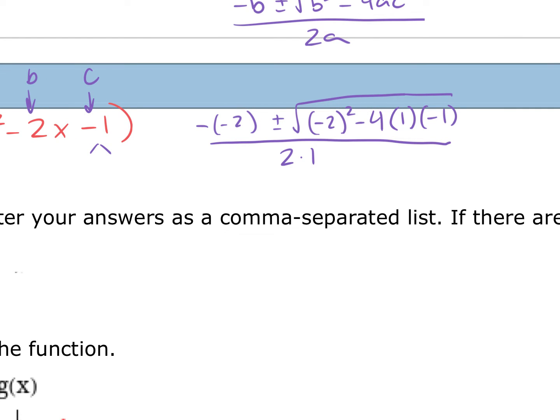So that -2 will become a +2, plus or minus. I'm going to simplify everything on the inside. So -2 squared would be 4. -4 times -1 would be +4. And then 2 times 1 is 2. And I can go ahead and simplify the inside too. 4 plus 4 would be 8.